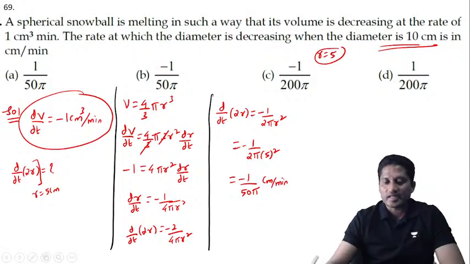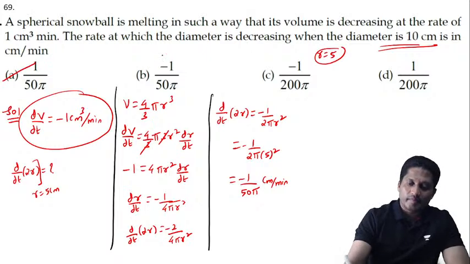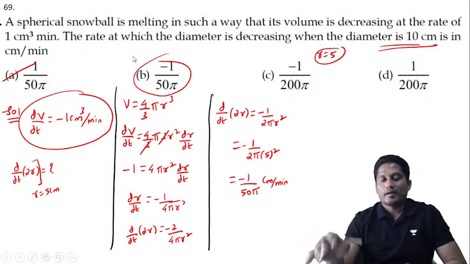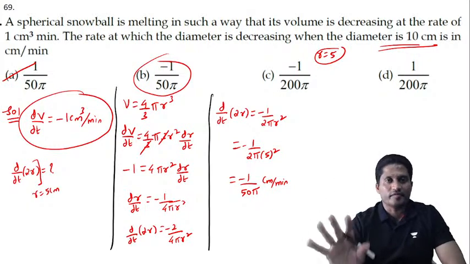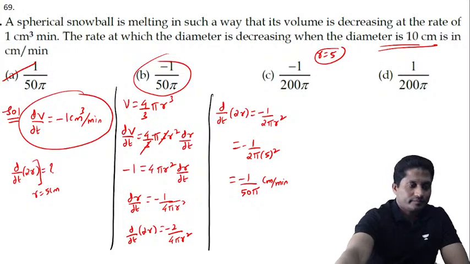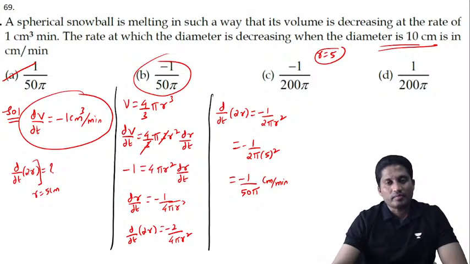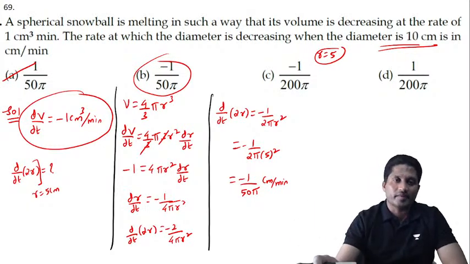So it is decreasing at the rate of 1 by 50 pi. It won't be minus 1 by 50 pi. Negative means that it is decreasing, but it will decrease at the rate of 1 by 50 pi only. Alright, answer is option A. No, Gaurav, it should be A. Minus 1 by 50, negative sign will come, but it is decreasing at the rate of 1 by 50. Minus itself denotes that it is decreasing.